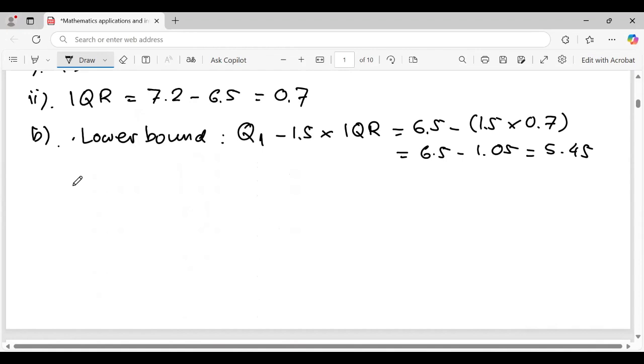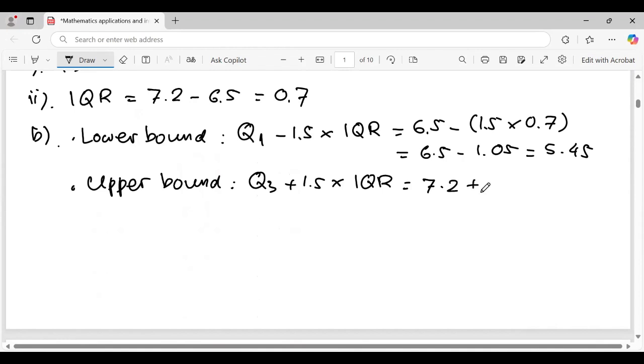And after that, the upper bound. The upper bound is Q3, or upper quartile, plus 1.5 times IQR, and it is 7.2 plus 1.5 times 0.7. If we calculate this, the result is 7.2 plus 1.05, which is 8.25.